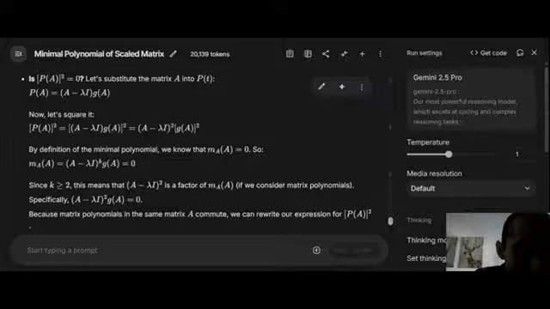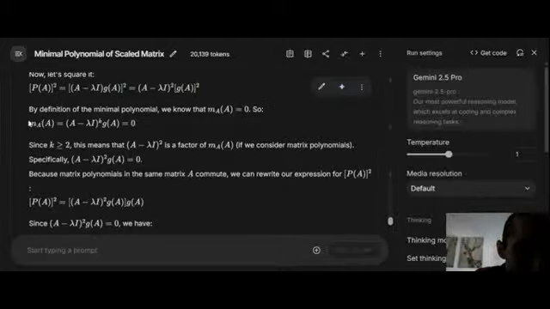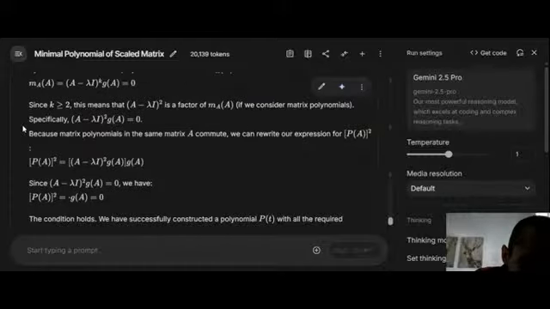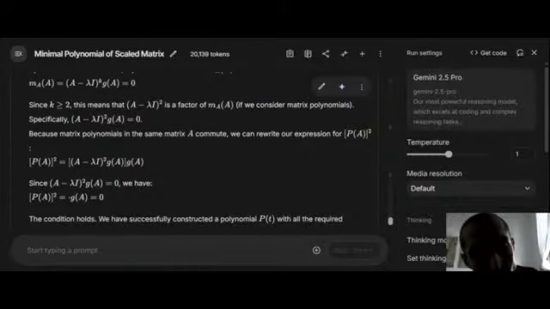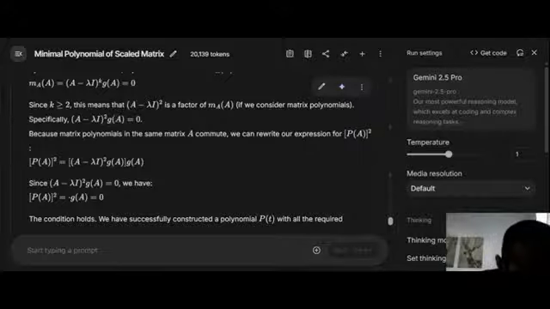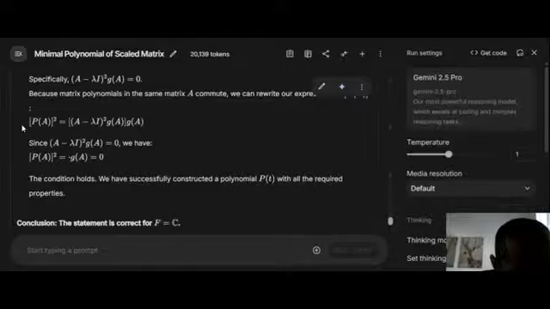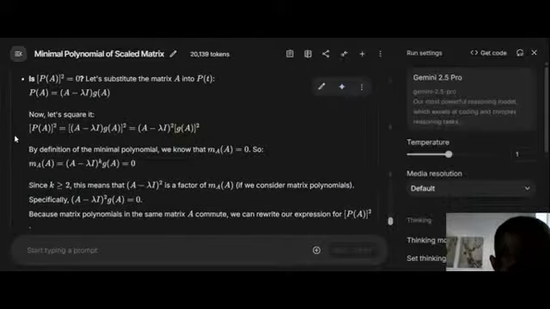So, since k is equal to this, this means that it is a factor of m. Specifically, because matrix polynomials in the same matrix commute, we can rewrite our expression, since we have. I don't really understand why.